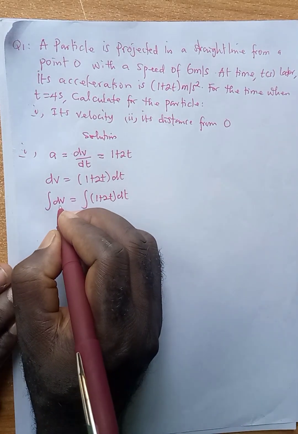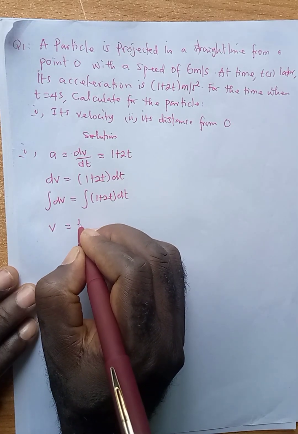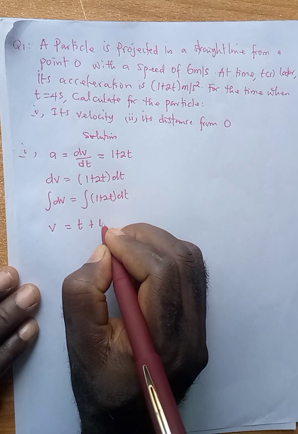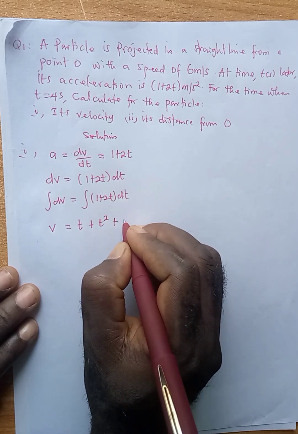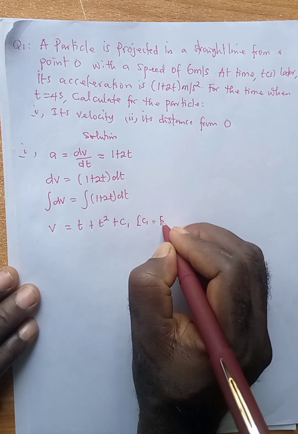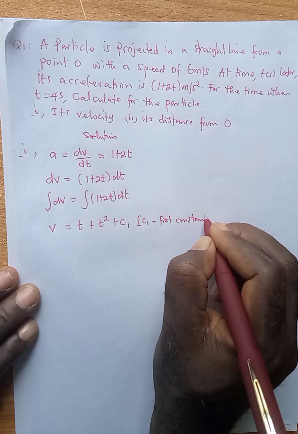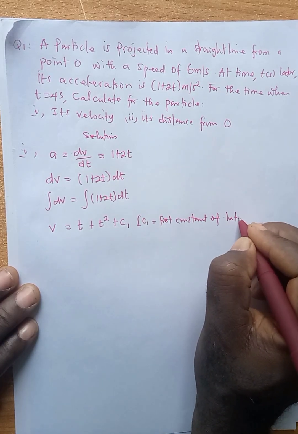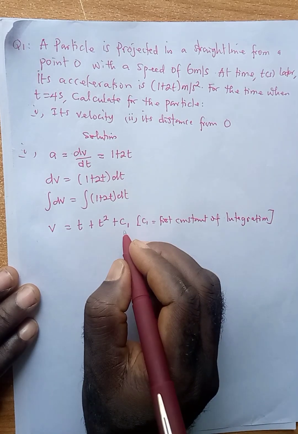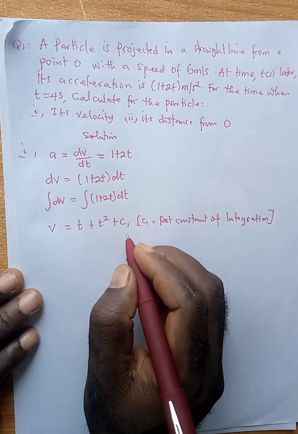When you integrate dv, it will give us velocity. When you integrate 1, it will give us t. When you integrate 2t, it will give us t squared. Then plus c1, where c1 is the first constant of integration that will be determined from the initial condition given to us.